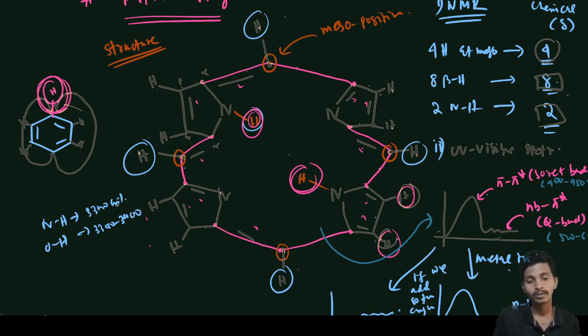Whenever you study IR, some moisture will be there, so OH will also appear in this range, and we will not get the NH spectra clearly because the moisture signal comes in the same range. So we do not use IR spectroscopy for the porphine ring.